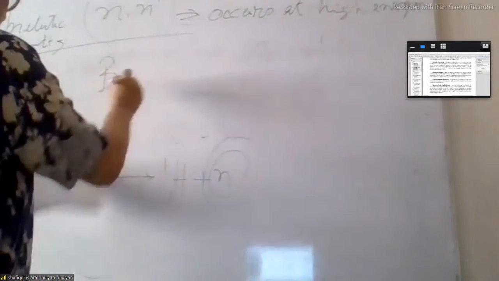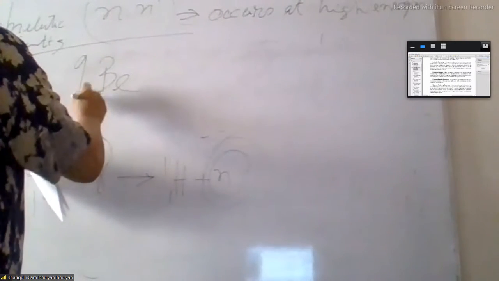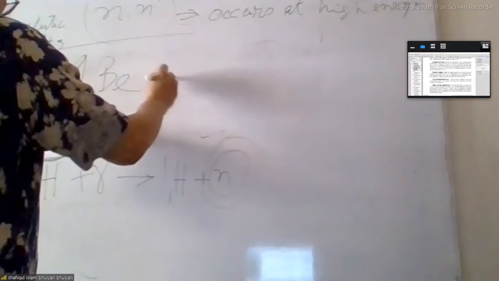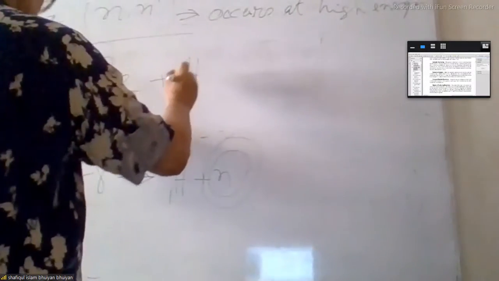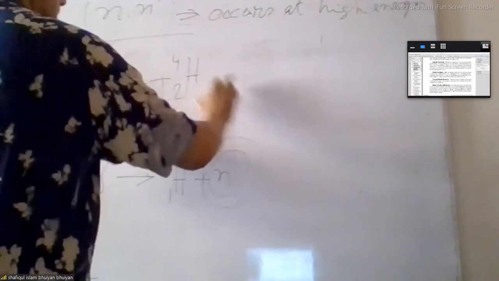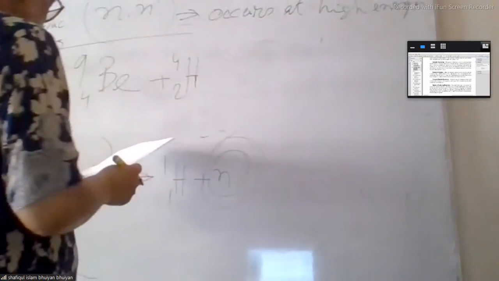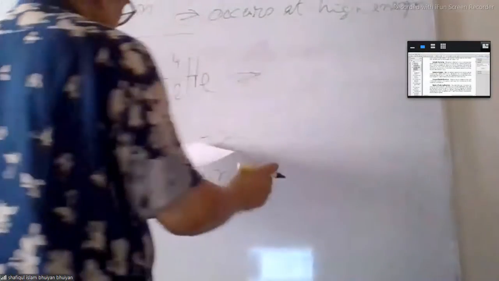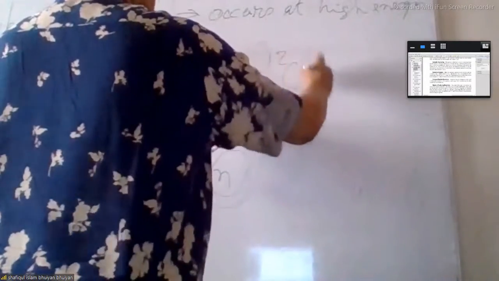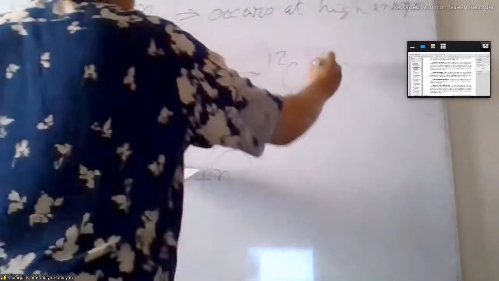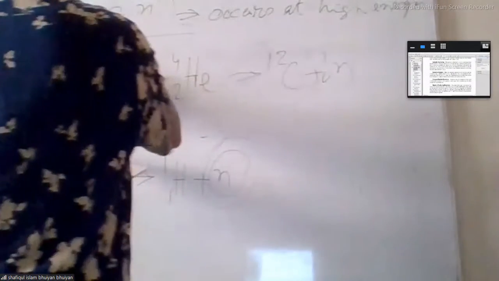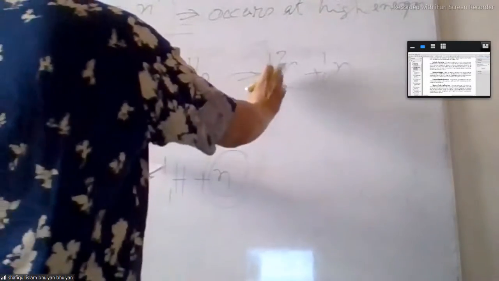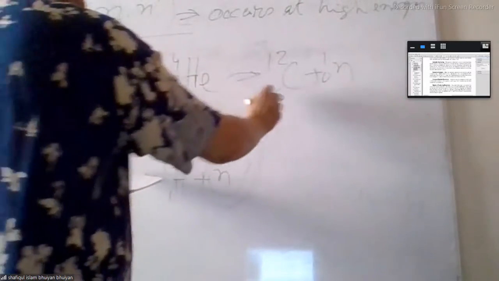Because we know this beryllium 9 reaction: beryllium 9 plus helium, this alpha particle 4 2, gives carbon 12 plus a neutron.